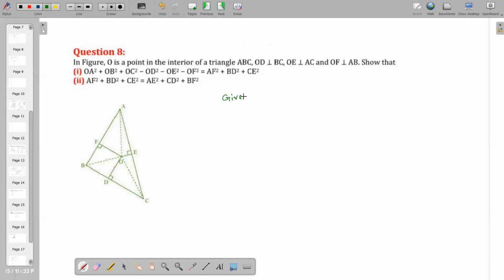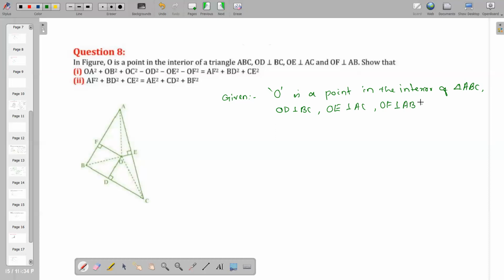Given, O is a point in the interior of triangle ABC. So in that one also given OD perpendicular to BC, OE perpendicular to AC, and OF perpendicular to AB. This much is given.